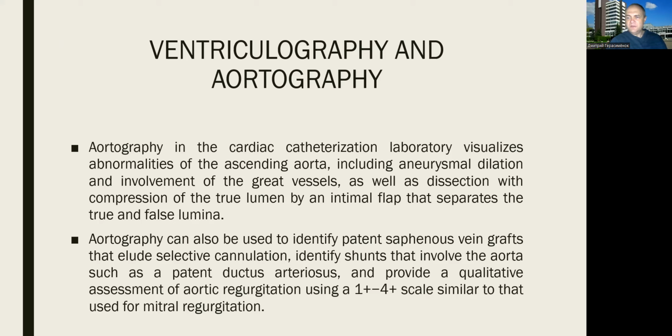Aortography can also be used to identify saphenous vein grafts that elude selective cannulation, identify shunts that involve the aorta, such as patent ductus arteriosus, and provide a qualitative assessment of aortic regurgitation using a 1-to-4 scale similar to that used for mitral regurgitation.